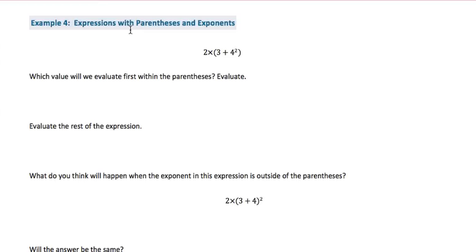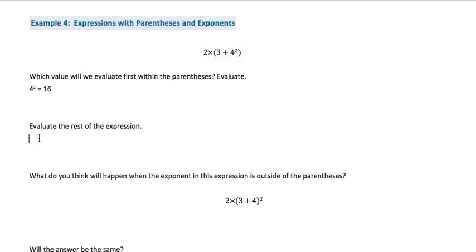And then in example 4, we have expressions with parentheses and exponents. And they're asking us which value we will evaluate first within the parentheses. And obviously, we're going to evaluate 4 to the second power. So 4 to the second power is equal to 16.